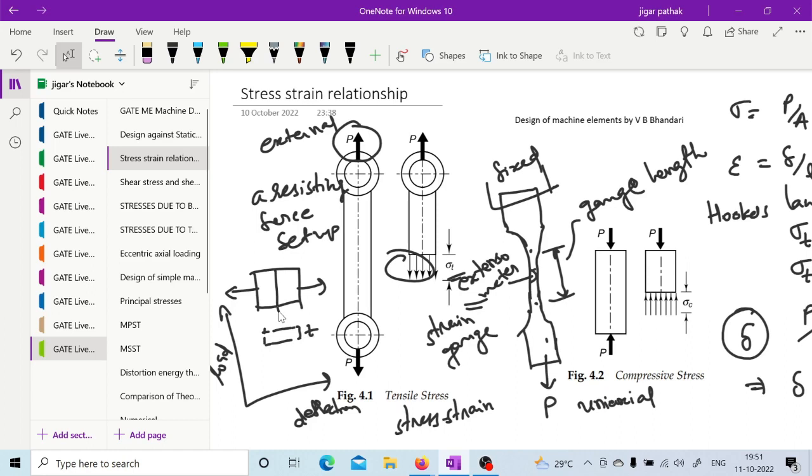So if you are going to take a cross section here, then it may be like this, I guess. You can have the direction of this tensile stress. It is perpendicular to the area on which it is acting. But I guess here it is not that clear.